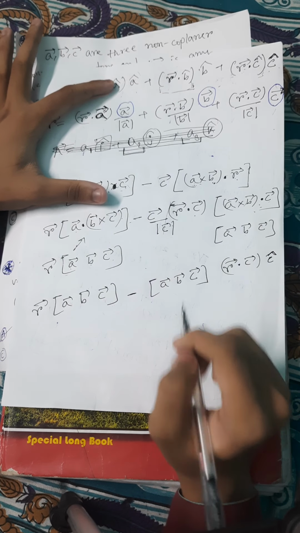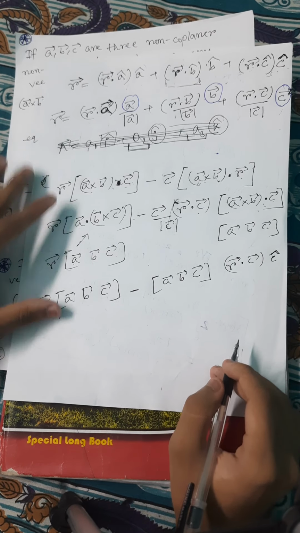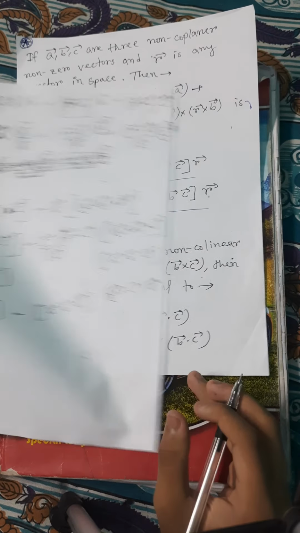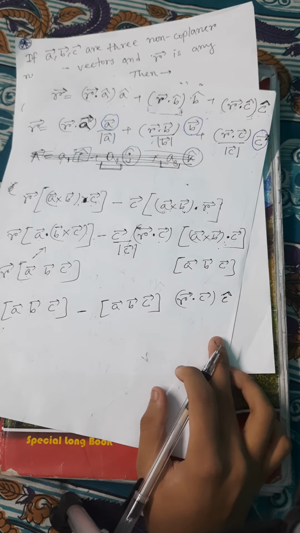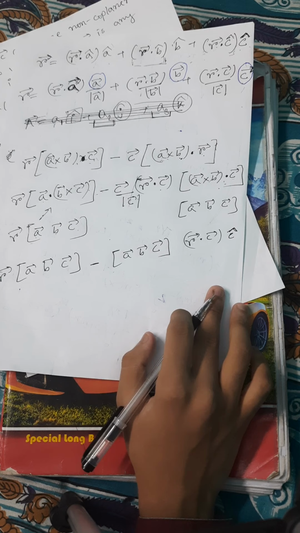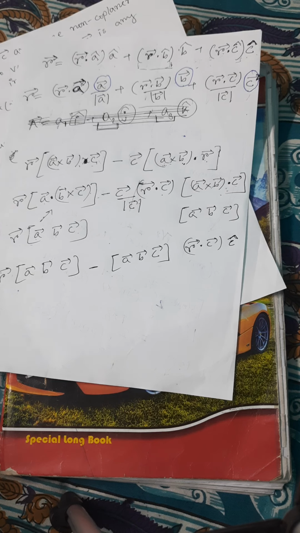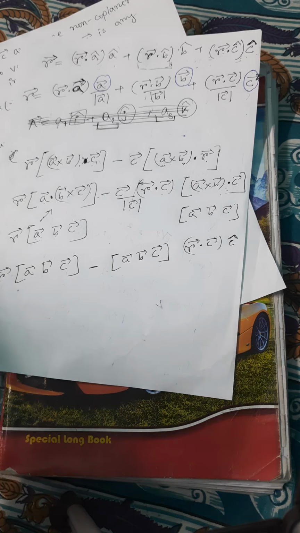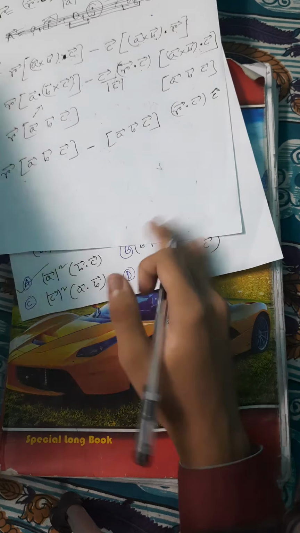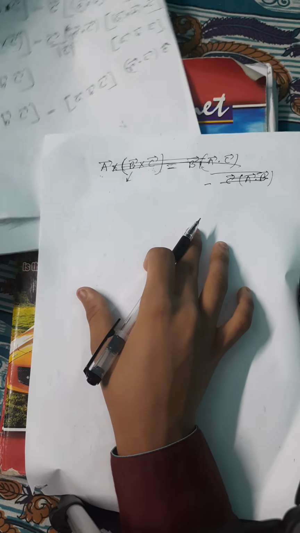R dot of... we have written something, we are missing. No, nothing we are missing. Okay, let me write that. So let that part be, and now the second term.